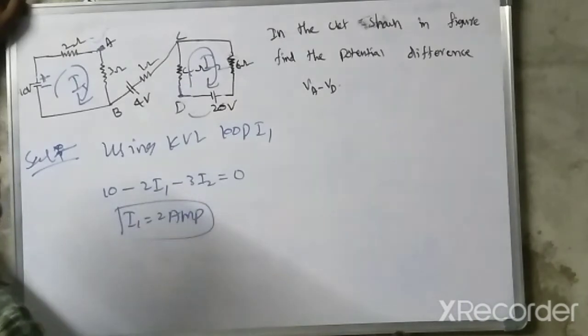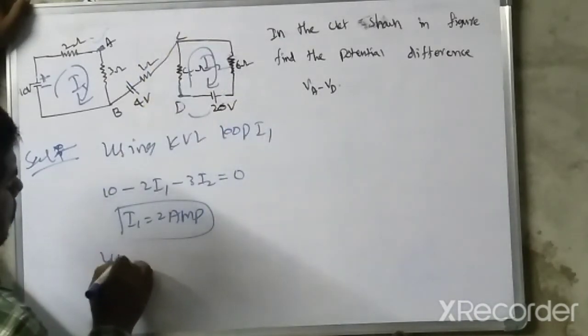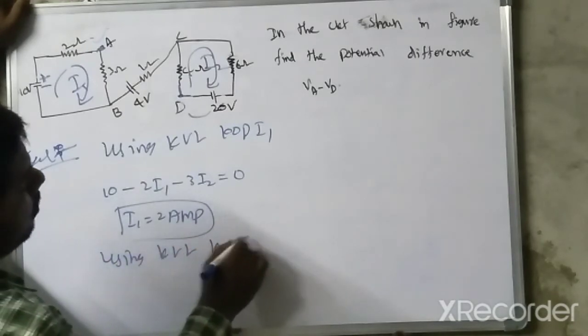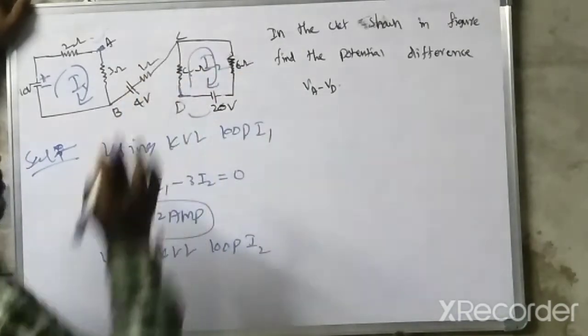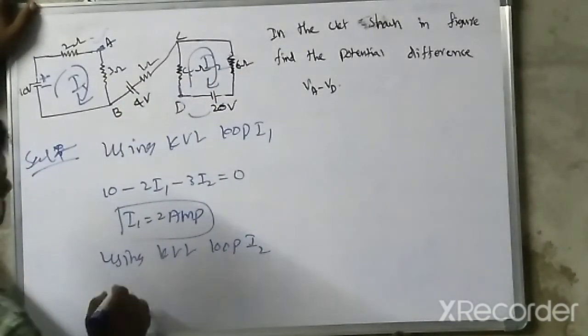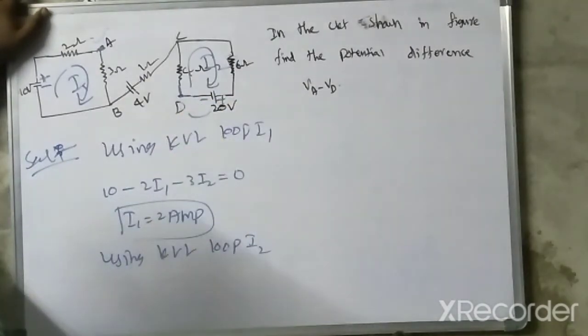Total I1 is equal to 2 ampere. Similarly, using the second loop, KVL rule, loop I2. Here this is the minus, this is the plus.